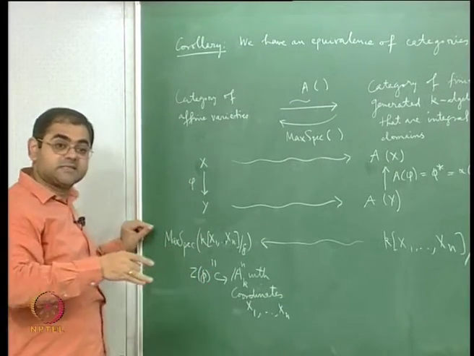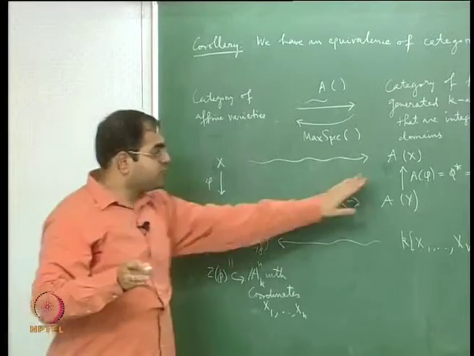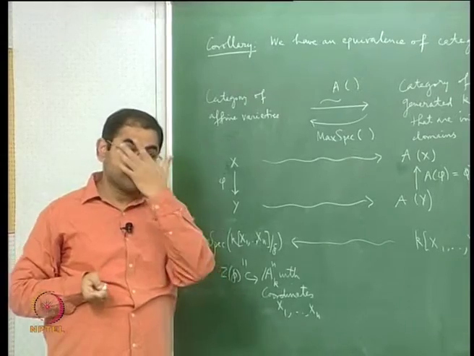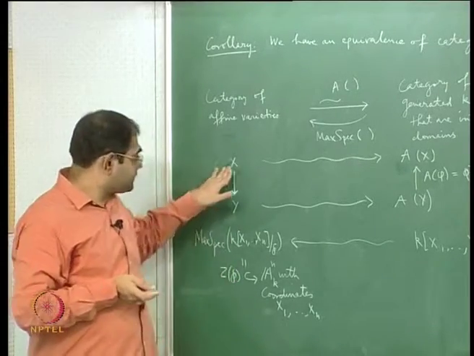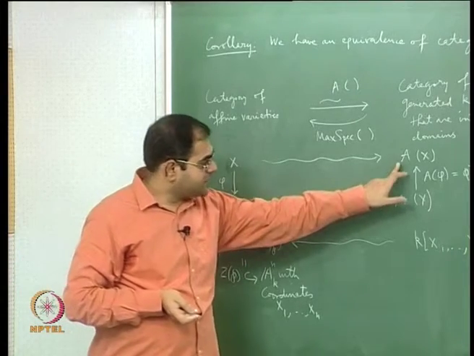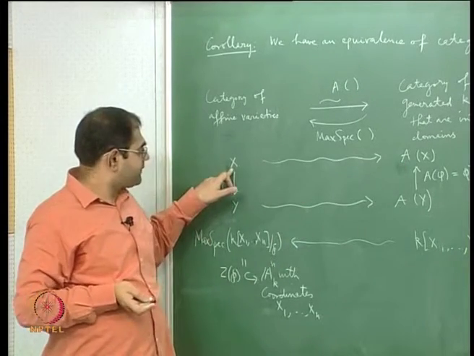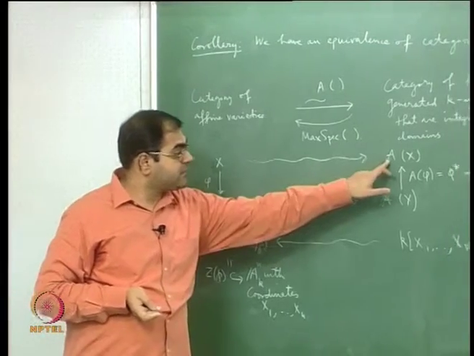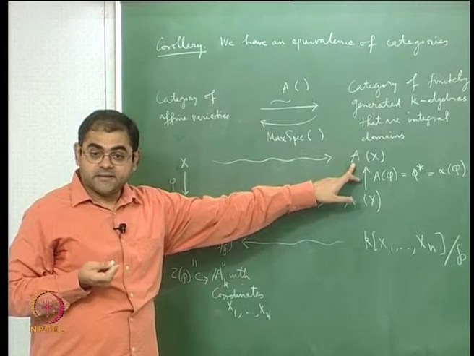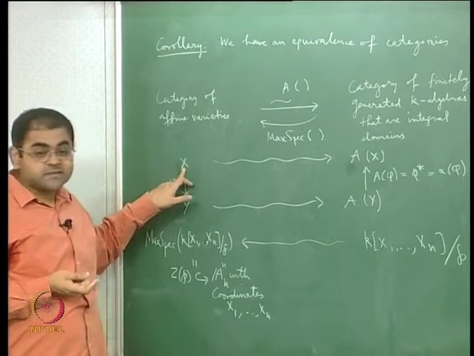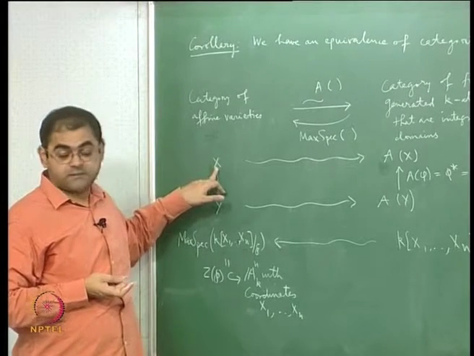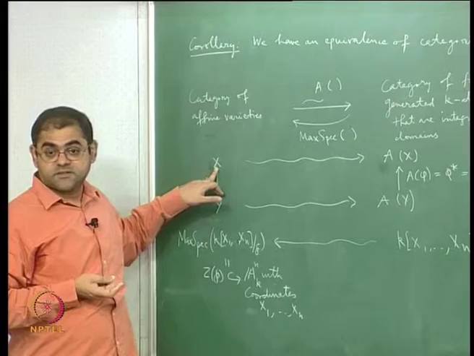If it sits in some other affine space also, the ring of functions will change only up to isomorphism, which tells you that characterizing an affine variety by its ring of functions is a very intrinsic thing, because it does not depend on the extrinsic choice of embedding, of putting that variety as an irreducible closed subset of some affine space.